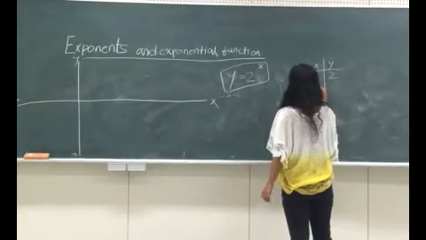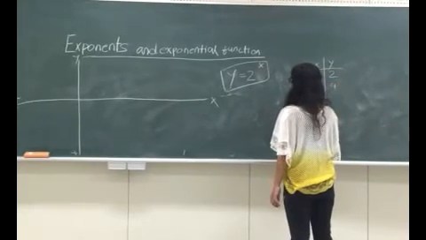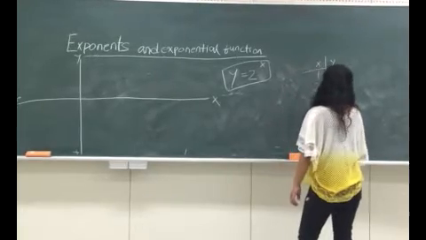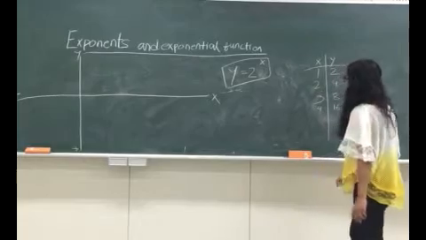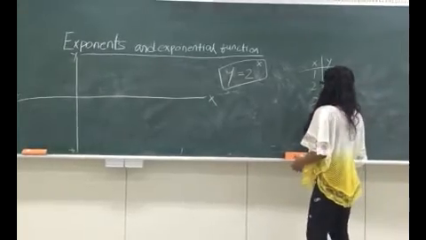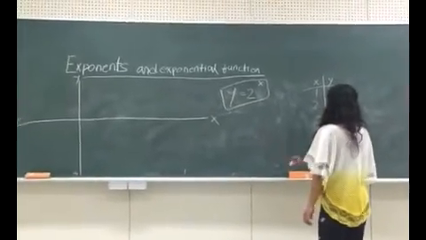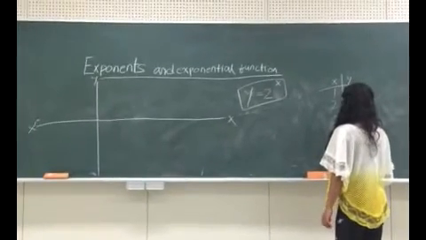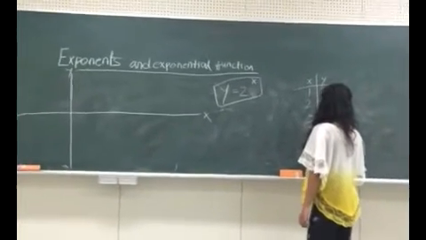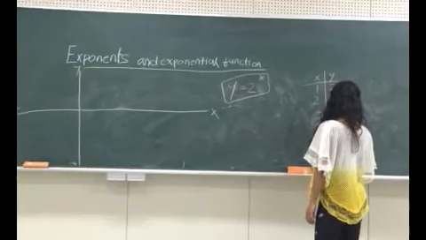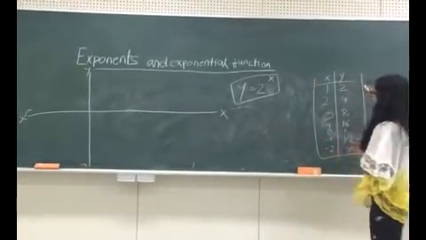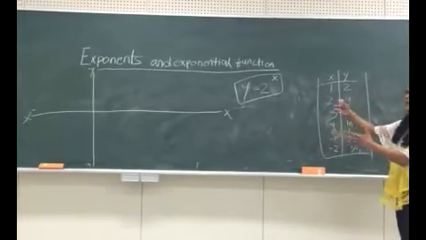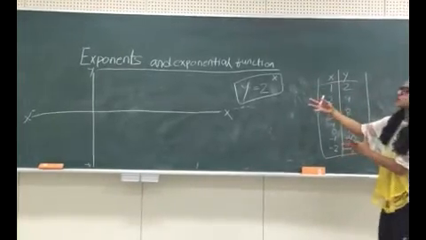If x becomes 2, y becomes 4. If x becomes 3, y becomes 8. If x becomes 4, y becomes 16. Let's take some small numbers. If x becomes 0, y becomes 1. If x becomes minus 1, y becomes 1 by 2. If x becomes minus 2, 1 by 4. I think all these points are enough to give us the actual figure of our exponential function.